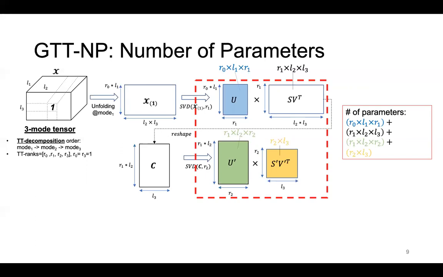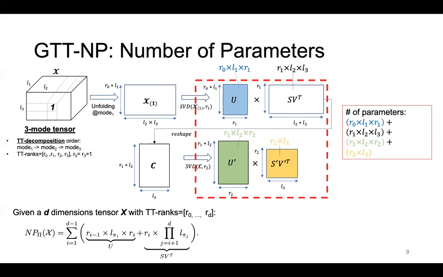So we want to use the sum of the number of parameters during this SVD decomposition and use this value as an indicator to decide how we select the order. And this formula can be easily generalized.